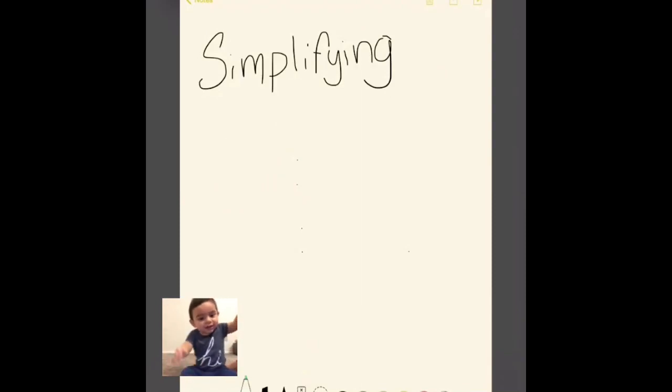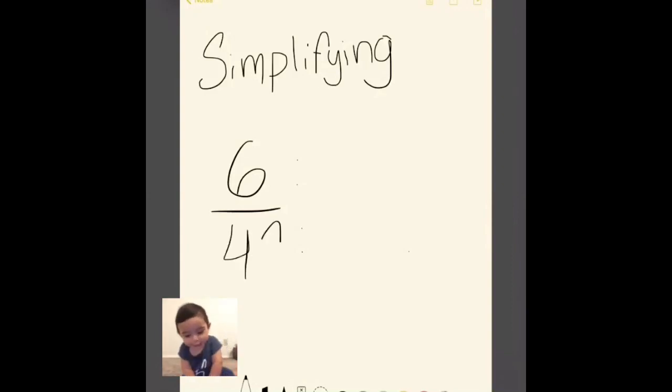If we take this very complicated looking fraction, 6 over 42, to simplify it, once again, I ask myself, is there a number that I can divide the numerator and the denominator by? Think.